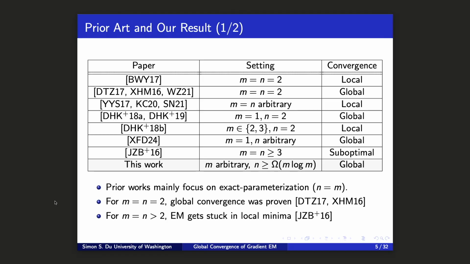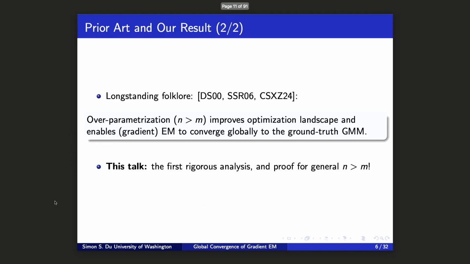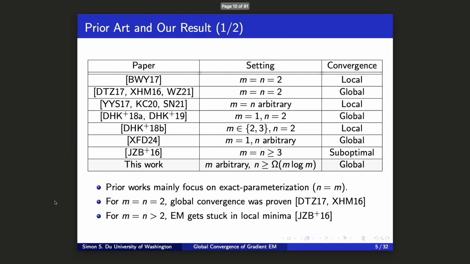This is by Siva et al. And here, our result is this last line. We show the power of over-parameterization. Let's say the ground truth m is arbitrary. But if our learning model's number of Gaussians, n, is bigger than or on the scale of m log m, you can recognize it's something related to coupon collector.